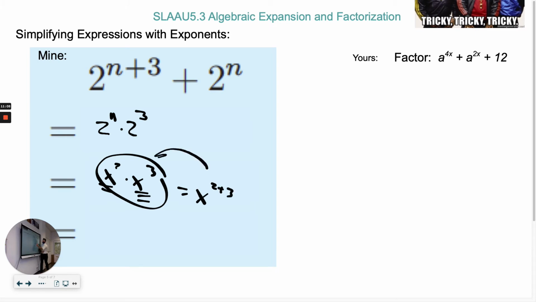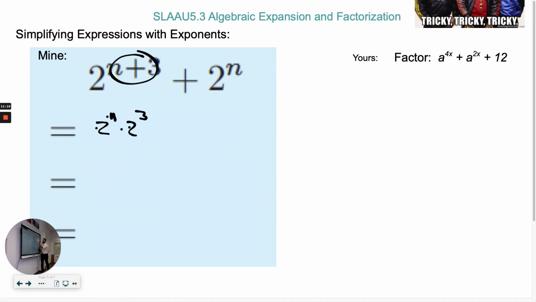Well, we're just rolling backwards on that. And instead of calling it n plus 3, we're calling it 2 to the n and 2 to the third. What's kind of nice about that is that if you thought about this already as a parenthesis, there's a 2 to the n here and a 2 to the n here, and we can factor those 2 to the n's out and put it out front.